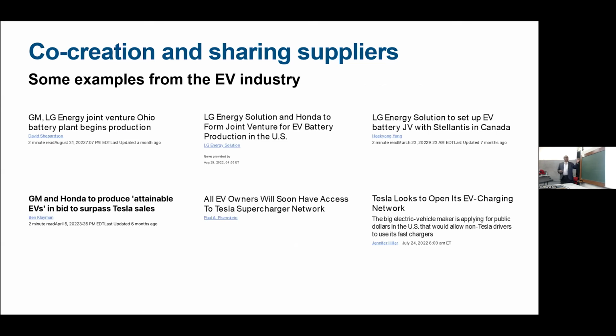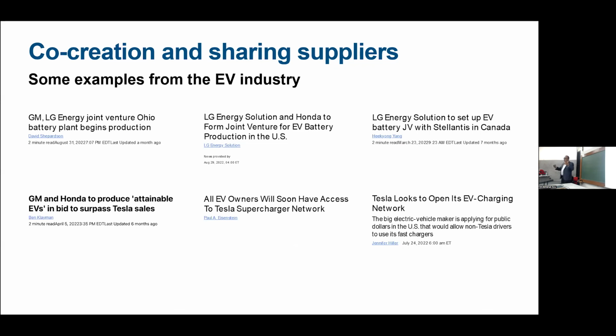I'm not an empiricist, so I'm not going to talk about empirical research over here, but if you are interested, you can go and look at a lot of empirical research that has been happening on supplier development, how companies go and invest with their suppliers, where the suppliers can make better products. I'm going to use the word better very loosely.